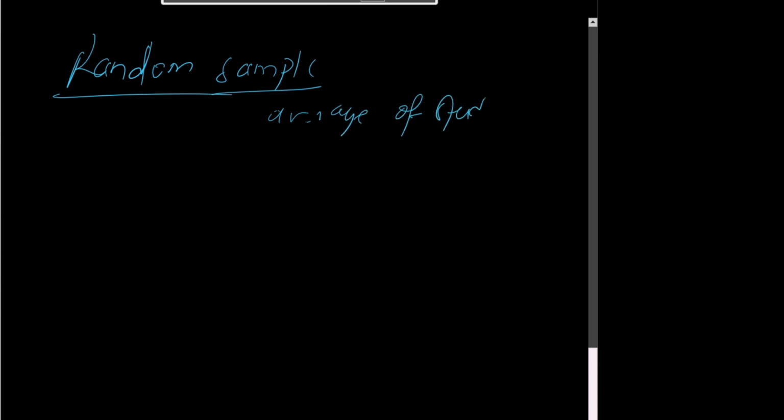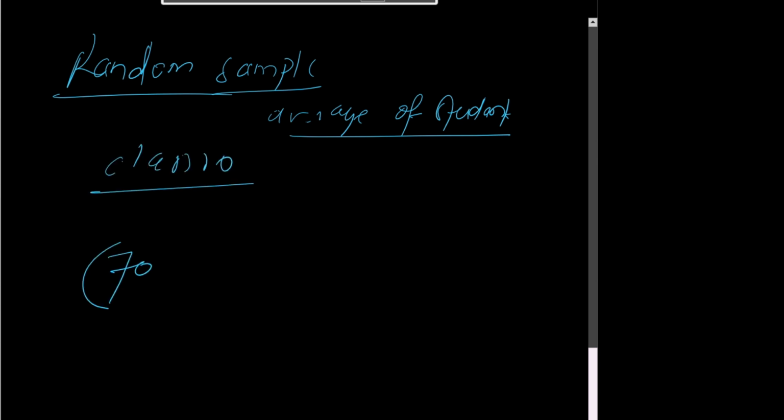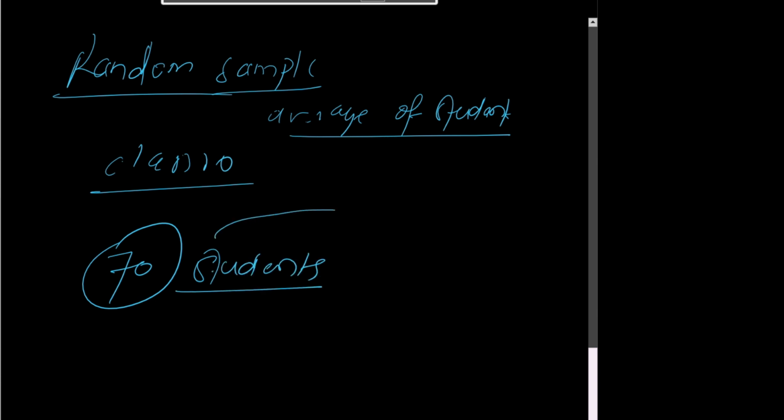What is random sampling or a random sample? A random sample means, like, we want to calculate the average height of the students in class 10. Suppose there are altogether 17 students, and out of these 17 students we take a sample for easy analysis.